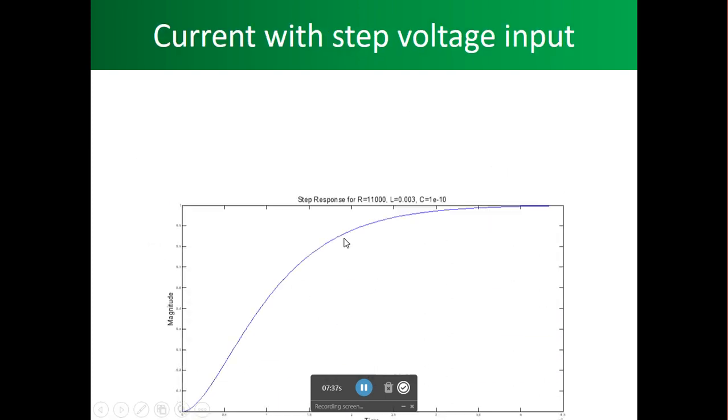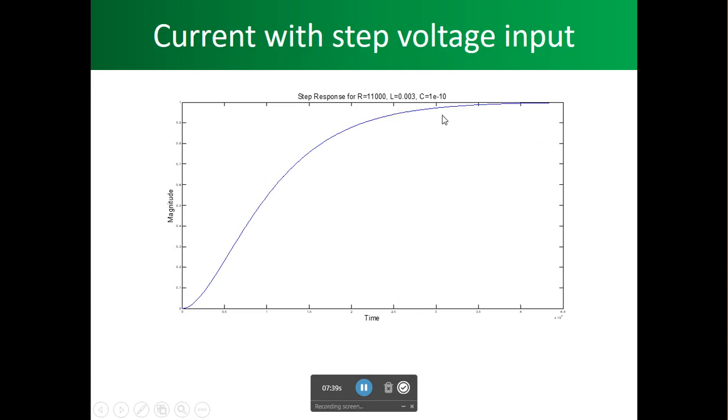Okay, so what happens when we have a step voltage input? For our equation, what you solved, you should have gotten lambda 1 equal to minus 1.67 times 10 to the 6, and lambda 2 equal to minus 2 times 10 to the 6.